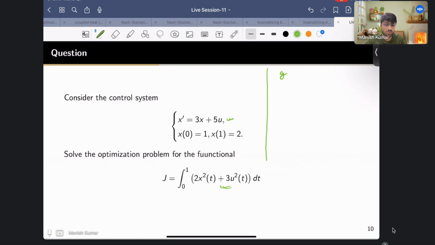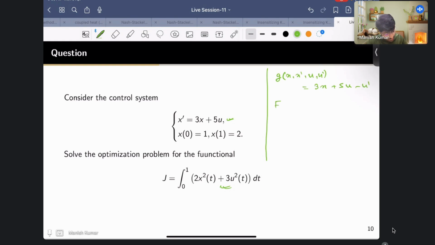Is there any question? Okay, so g of x comma u would be, sorry, x prime u prime, u prime is 3x plus 5u minus u prime. Okay, so this is my g.